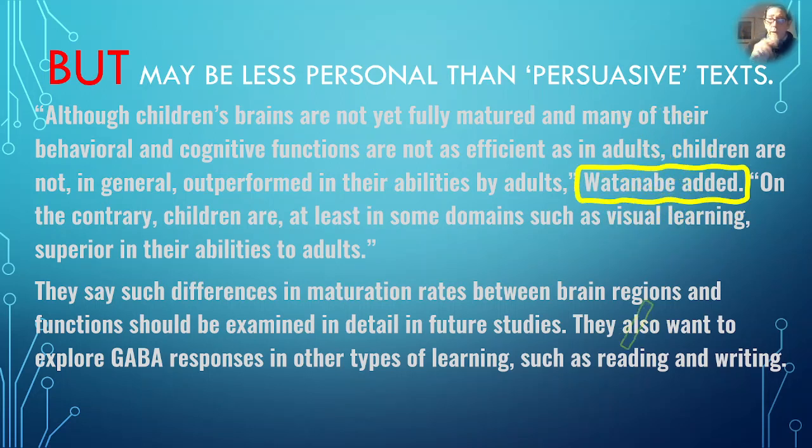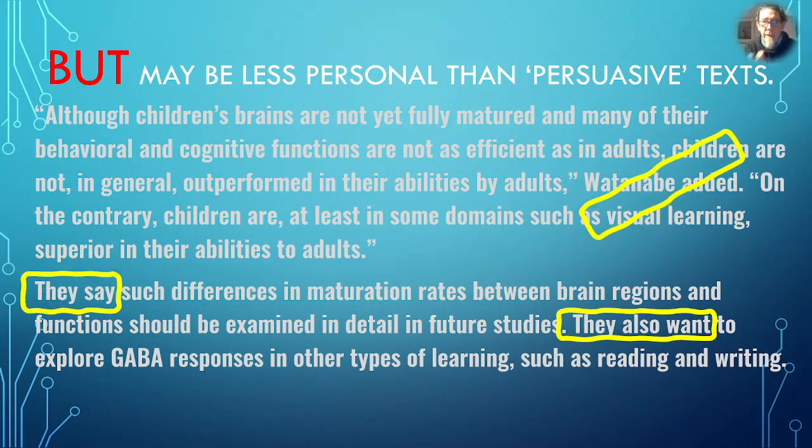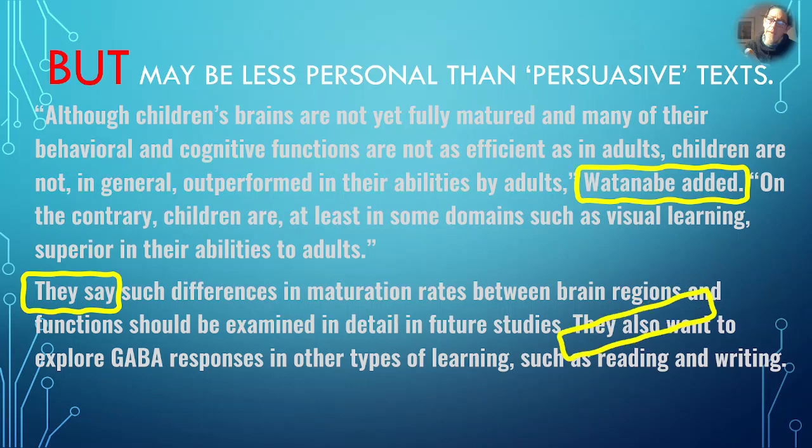So if you have a look, they're using an expert witness, one Taba added. That could be quite persuasive. Or the fact that they use phrases like "they say" or "they also want." Those could be considered as persuasive effects.